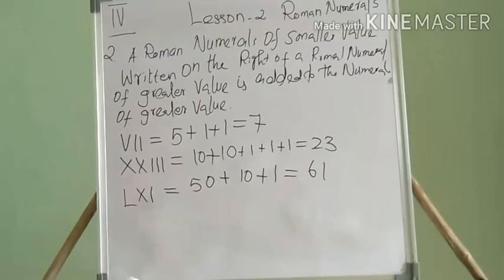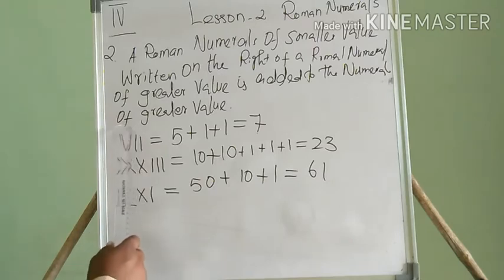Okay students, let me see the second definition in your textbook. A Roman numeral of smaller value written on the right of a Roman numeral of greater value is added to the numeral of greater value. What is the meaning?